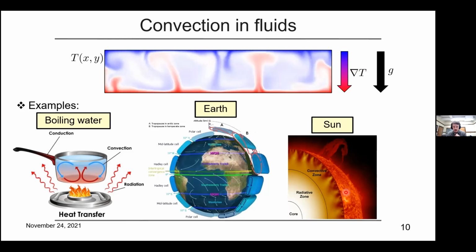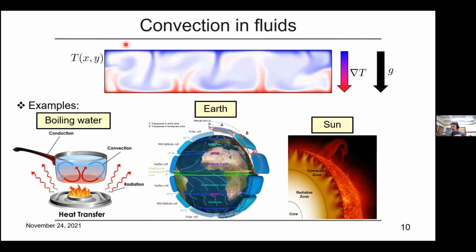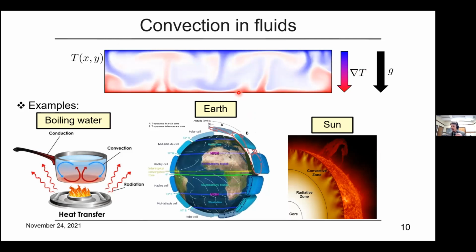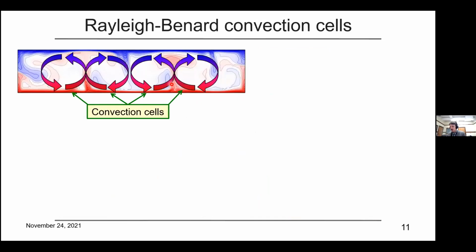However, convection is not just a simple motion of fluids that appears because of forces and inhomogeneity. As you can already notice from this simulation, convection leads to the formation of certain patterns in the fluid. Indeed, by taking a snapshot of this figure, we see that there are several convection cells in this layer of the fluid flow. For example, here our fluid moves upward, here it moves downward, again upward and again downward.